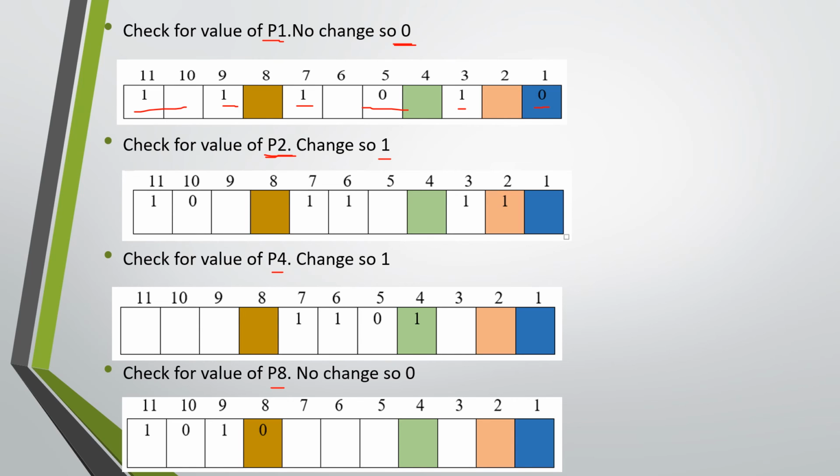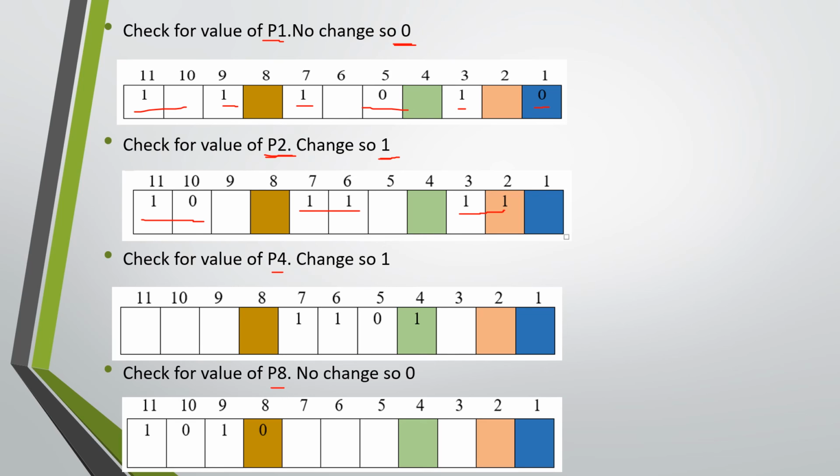When we consider P2, check positions 2, 3, 6, 7 and 10, 11. In this case, the count of 1s becomes odd. So there is a change, because at the sender side, when we find the value of P2, even parity was used, but at the receiver side there is odd parity. So take the value as 1, because there is a change in parity.